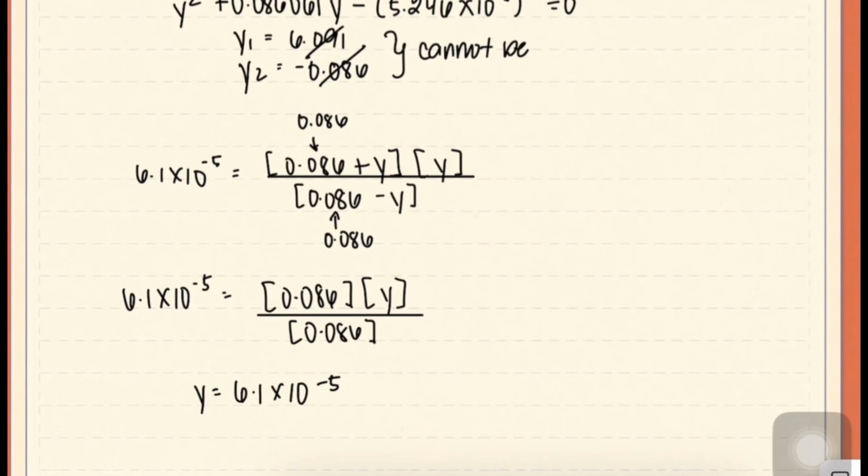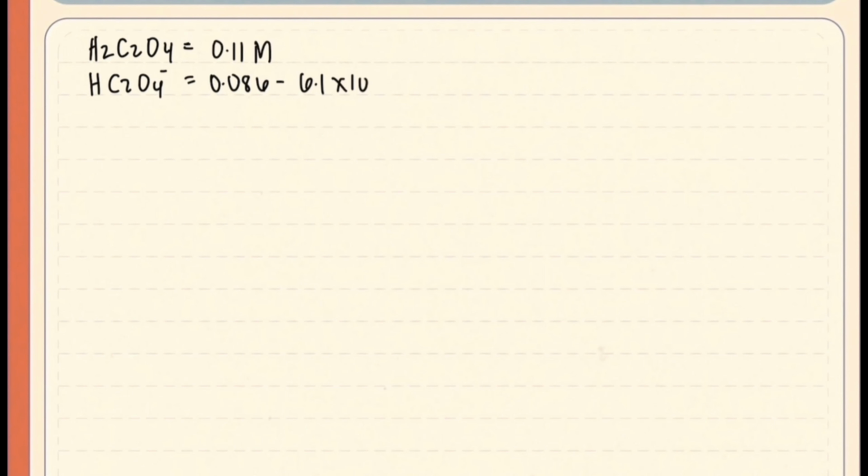So to sum up yung mga values or answers na nakuha natin kanina, yung first, yung ating H2C2O4 or oxalic acid is equal to 0.11 molar. Ang ating HC2O4 negative or ating hydrogen oxalate is equal to 0.086 minus y or 6.1 times 10 raised to negative 5 is equal to 0.086 molar.